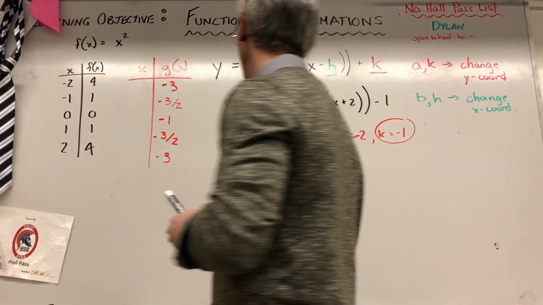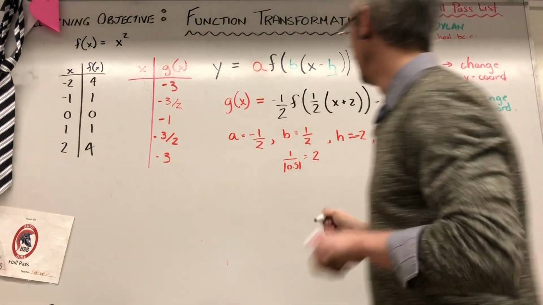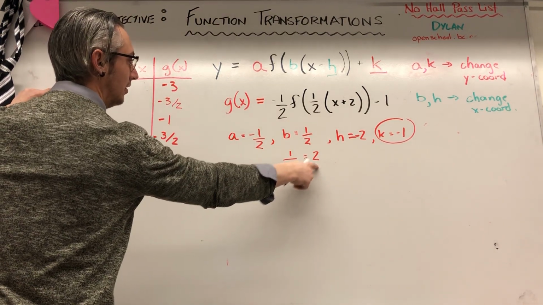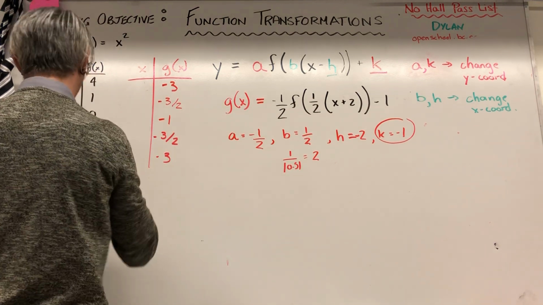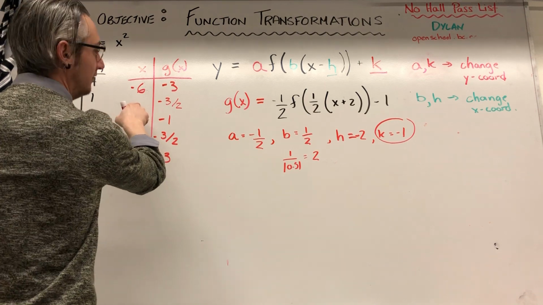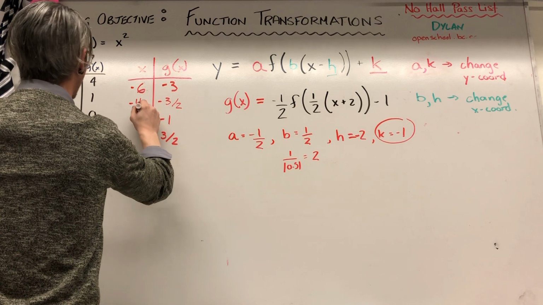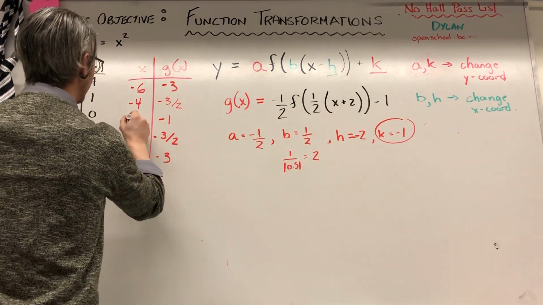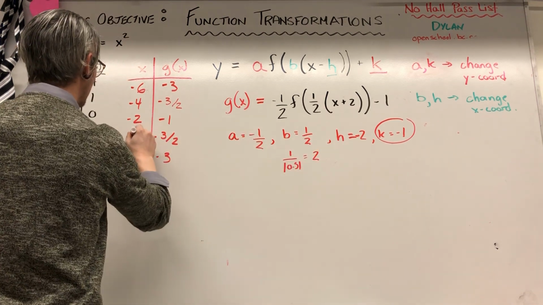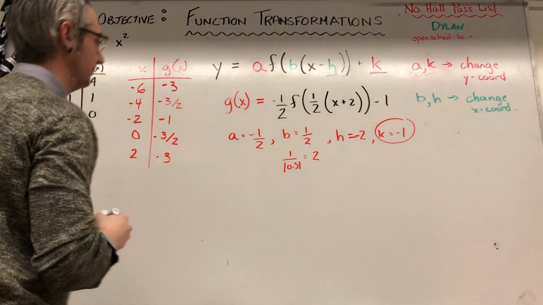And I'm going to do the same thing with my B and my H on my x coordinate. So -2 times 2 is -4, -4 minus 2 is -6. -1 times 2 is -2, minus 2, -4. 0 times 2 is 0, minus 2 is -2. 1 times 2 is 2, minus 2 is 0. 2 times 2 is 4, minus 2 is 2.